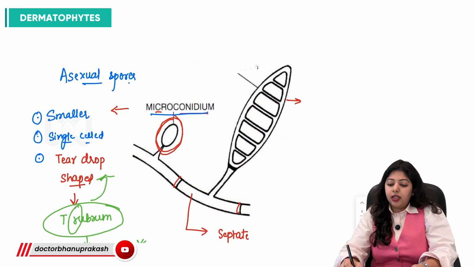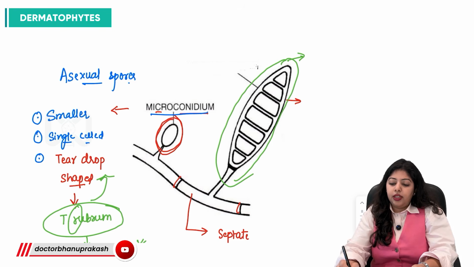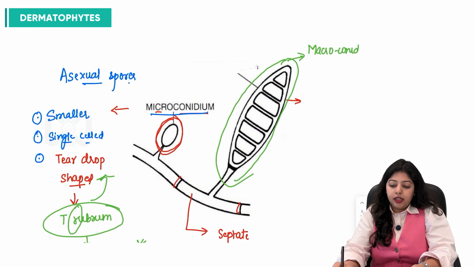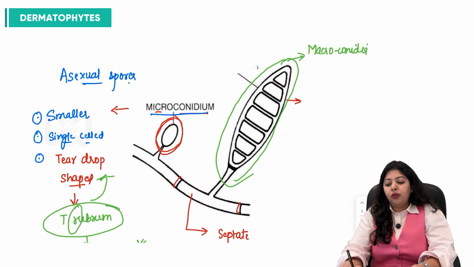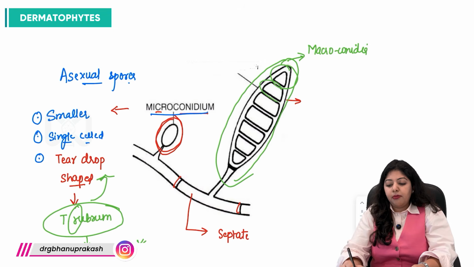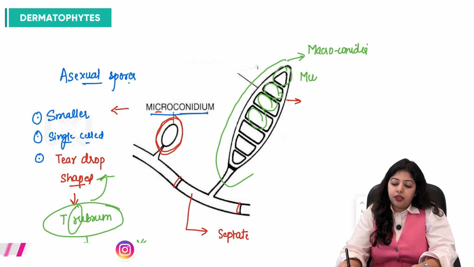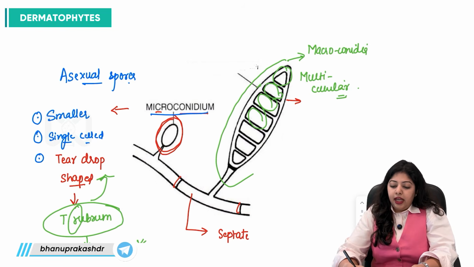So this larger structure is nothing but the macroconidia. Macro means large, right? And these are also segmented. You must remember, not just segmented, these are multiple cells. There are multiple cells present inside, right? So these are multicellular, and they have these walls around them.